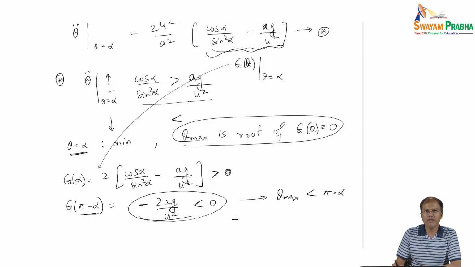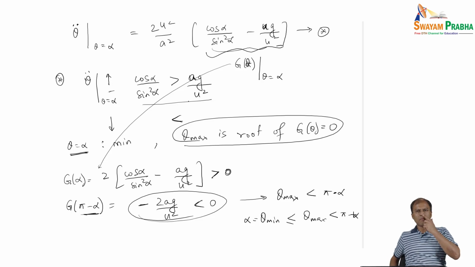So now we sum up our discussion here. Our theta min is alpha, and this is of course less than or equal to theta max, which is less than pi minus alpha. So the range is between alpha to pi minus alpha, or the exact range is between alpha to theta max, which we can find by solving the expression for g theta.